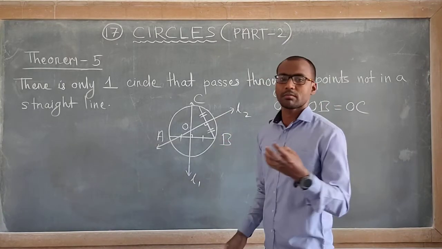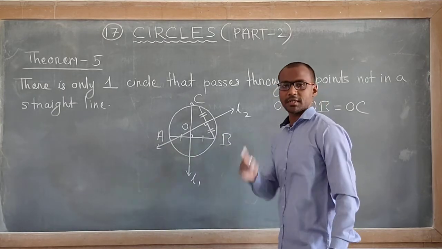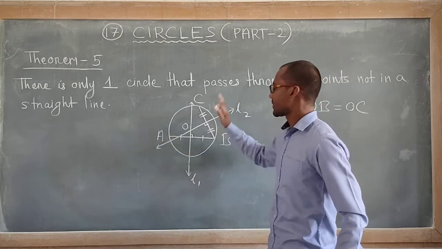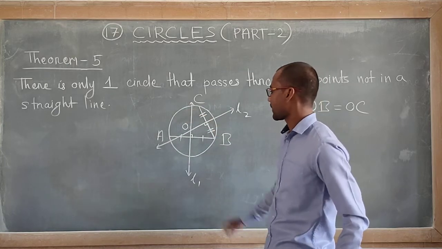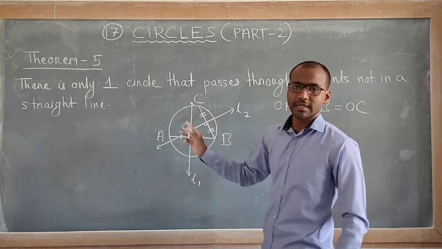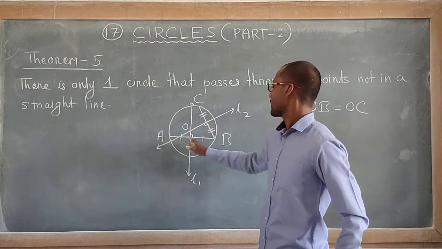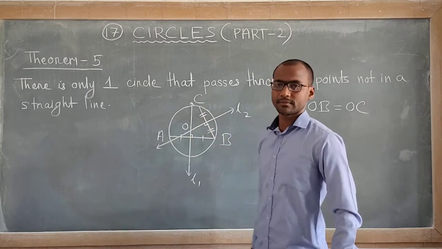Now see again, we can extract some extra concepts from this diagram. Initially, AB was simply a line segment, BC was simply a line segment, but now after getting the circle, you can see that AB is a chord of the circle, and BC is also a chord of the circle.